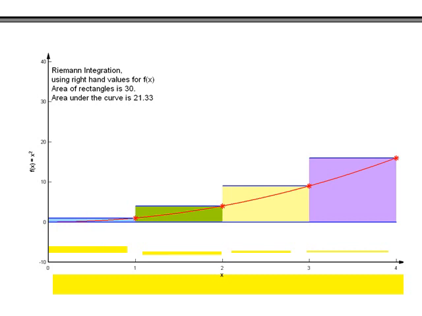Okay, that was my partition along the x-axis. Then I go up here and I tag this little section with the value of the function. In this case, I'm tagging it with the value of the function on the right-hand side of the little subinterval. And with that value, I create a rectangle.